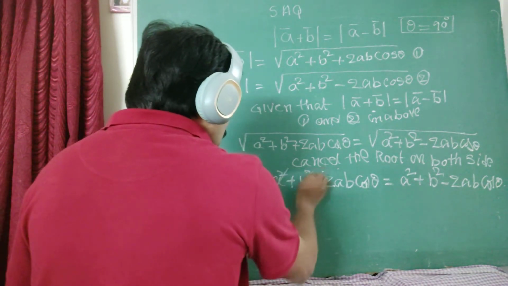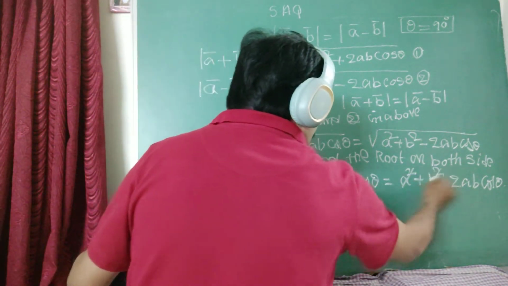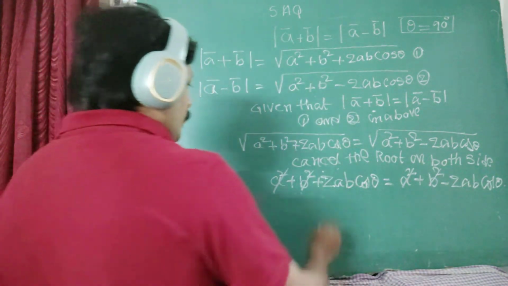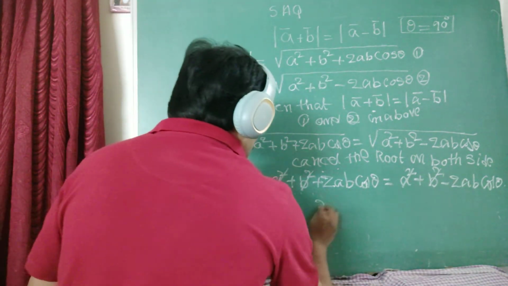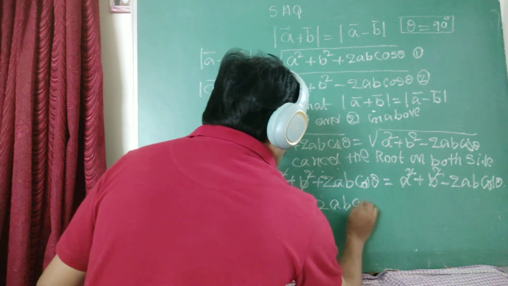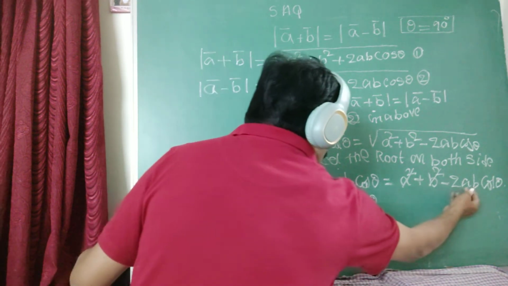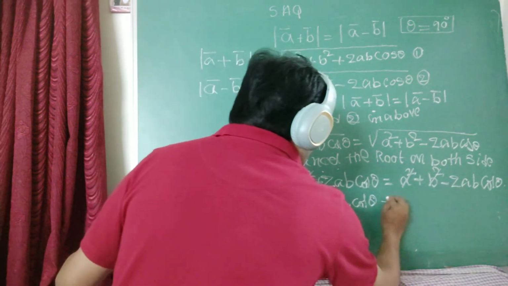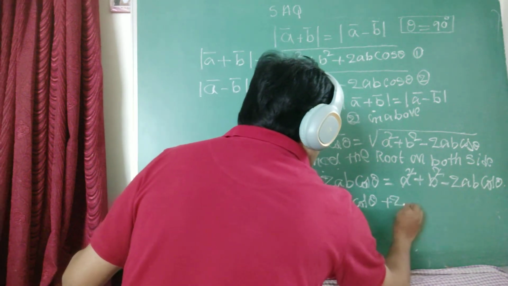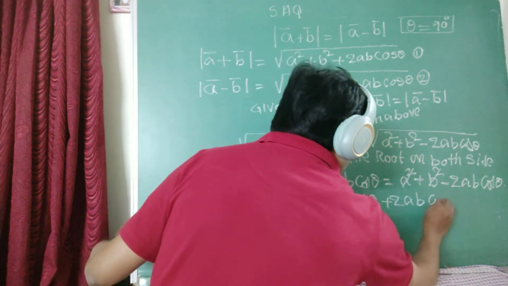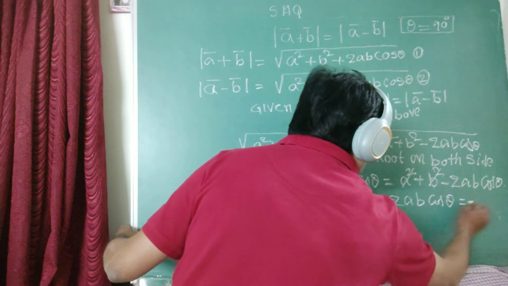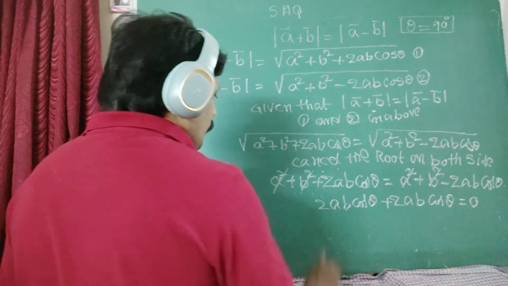Cancel the terms which are the same on both sides and write the remaining: 2ab cos theta is on the left side. Move this to the left, then the value will change its sign. The value coming here is 2ab cos theta equals 0.